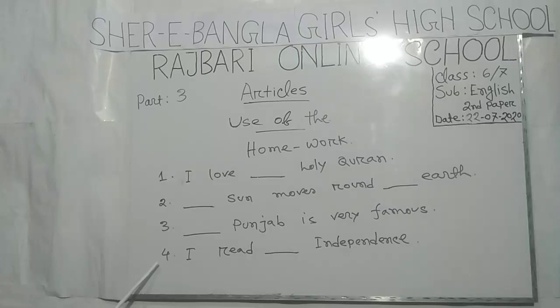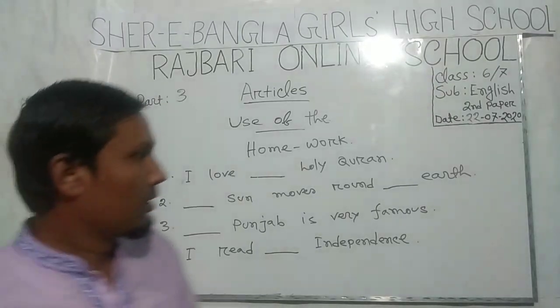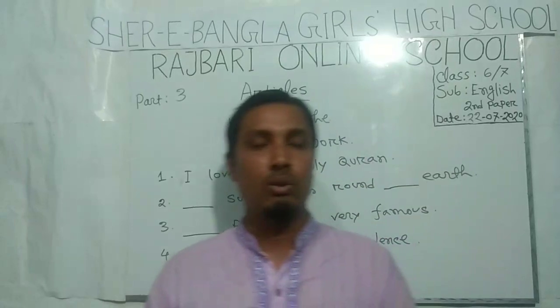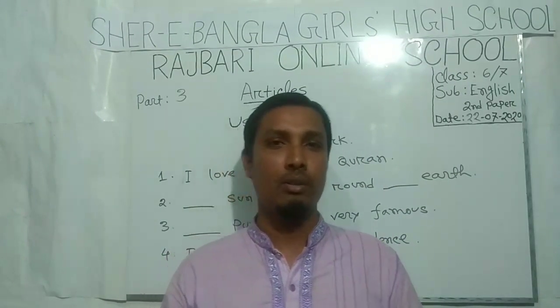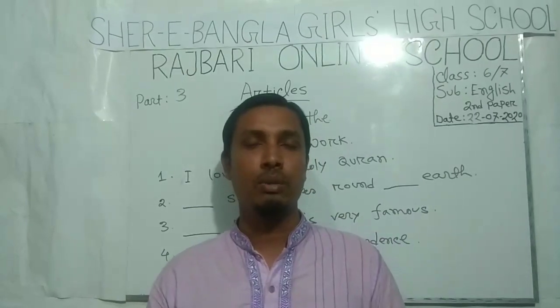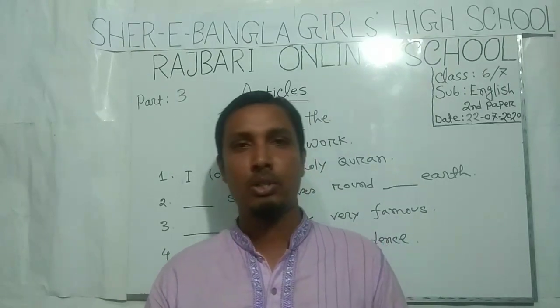And question number 4, the last one: I read dash independence. Okay, I hope you have written all the homework in your notebook. I hope you have understood all the things I discussed in this class, and you have learned a lot of things which will help you in your examination.